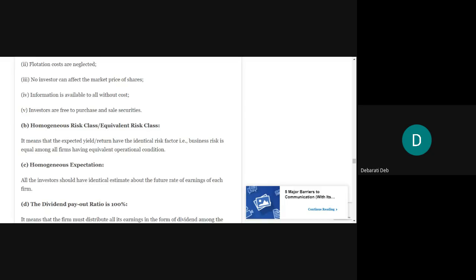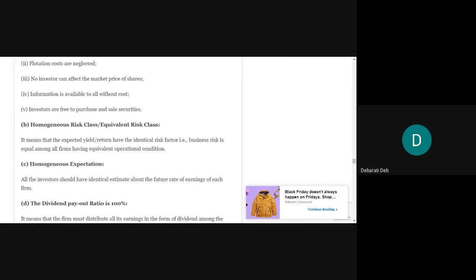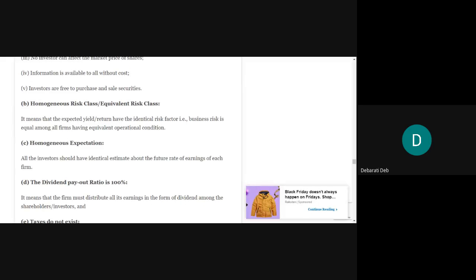In a practical scenario, there does not exist a perfect capital market, but their assumption says that there exists a perfect capital market. Second is homogeneous risk class or equivalent risk class.